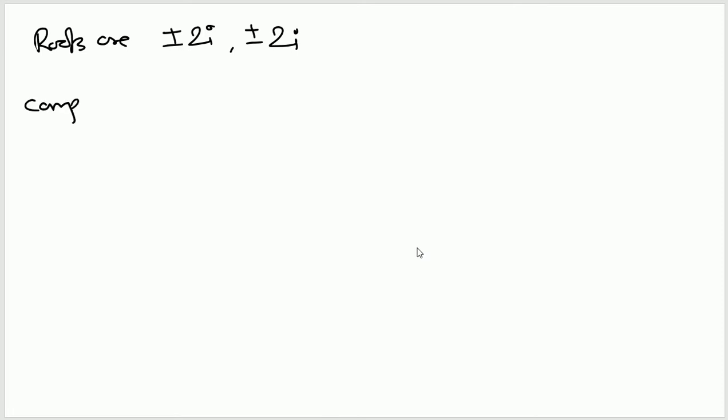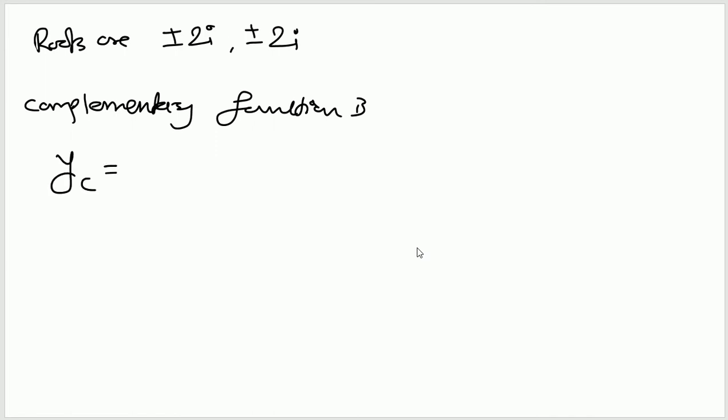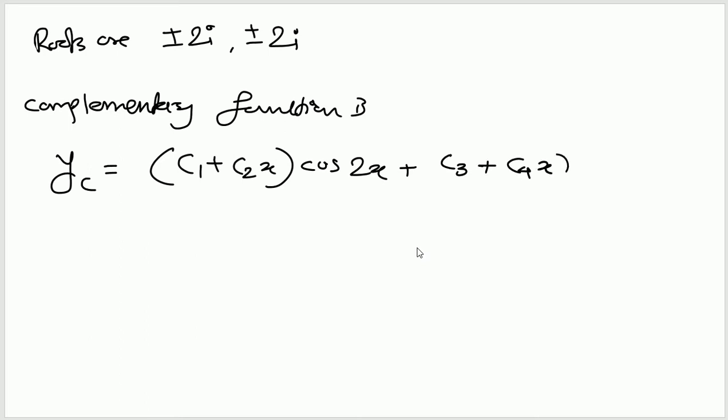Therefore complementary function is yc = (c1 + c2x) cos 2x + (c3 + c4x) sin 2x, with this into e^(0x) because the real part is 0.